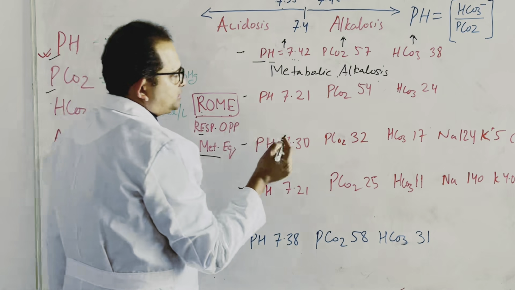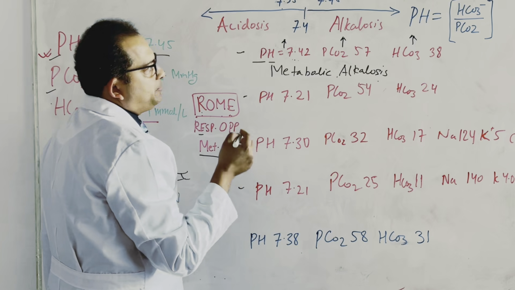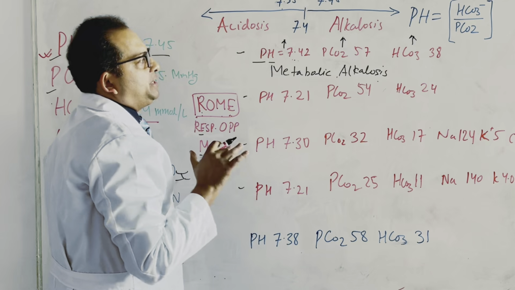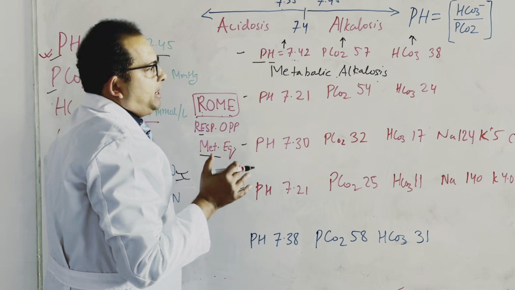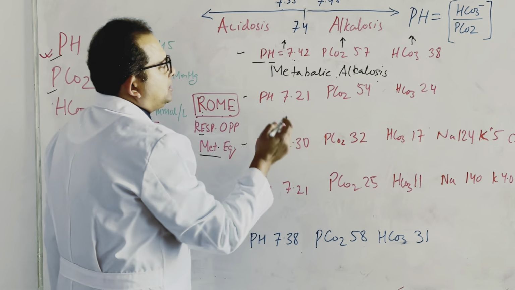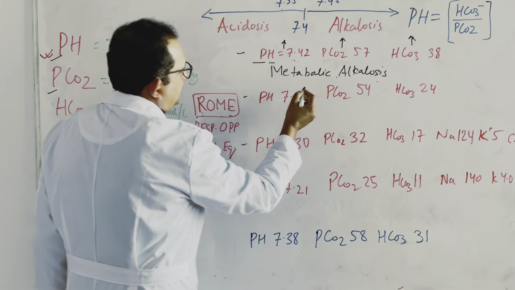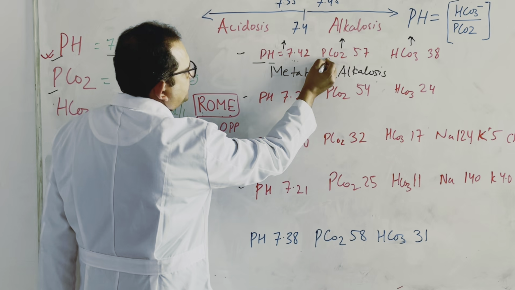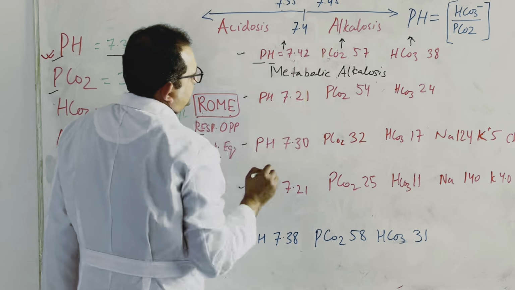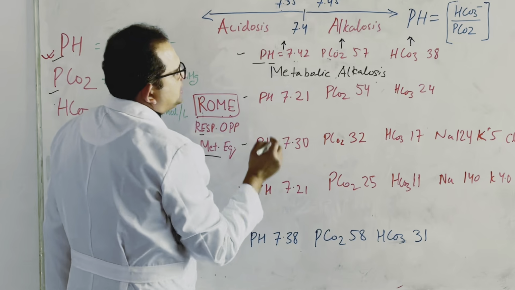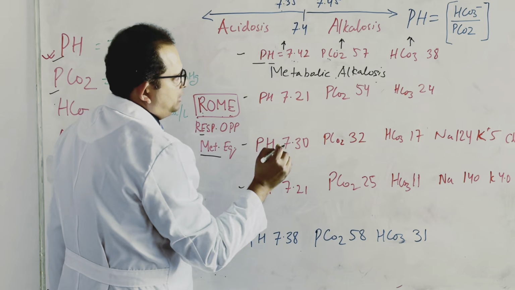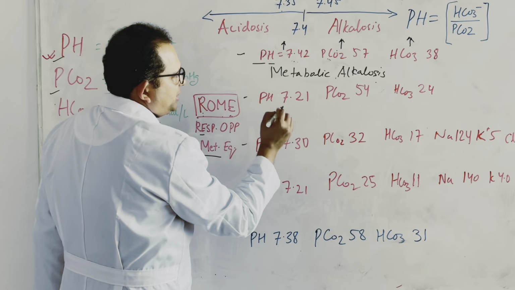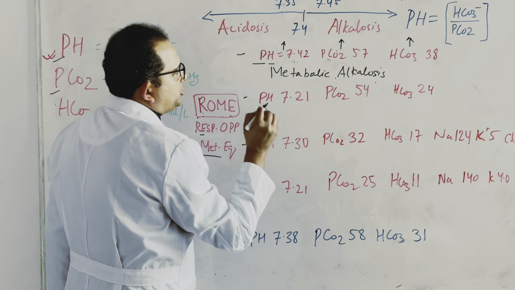Now we check whether the compensation is going on or not. For alkalosis, how does the body compensate? By retaining carbon dioxide, and so increasing the partial pressure of carbon dioxide. So is the partial pressure of carbon dioxide increasing here or not? It is increasing actually. That means compensation is going on. Now we have to check whether it is full, partial or no compensation.